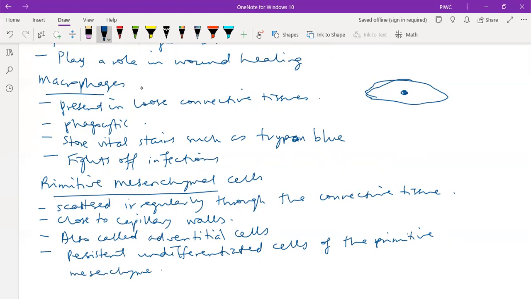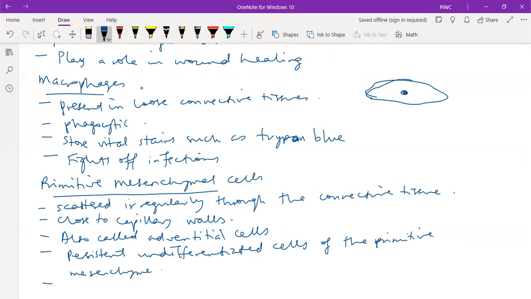Usually under normal conditions, they appear to be completely inert. But they are nevertheless thought to be capable of rapid growth and differentiation into macrophages and other cells in response to the appropriate stimuli.